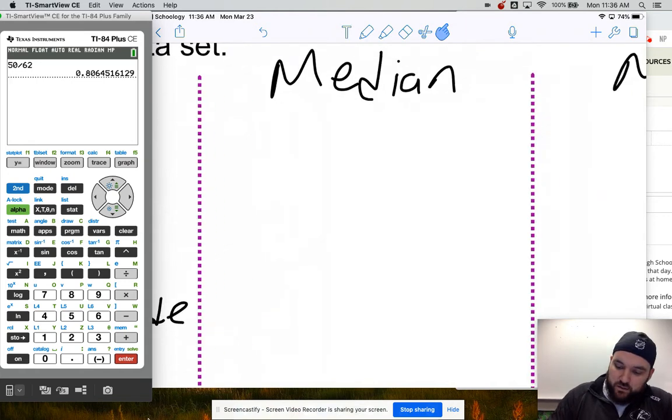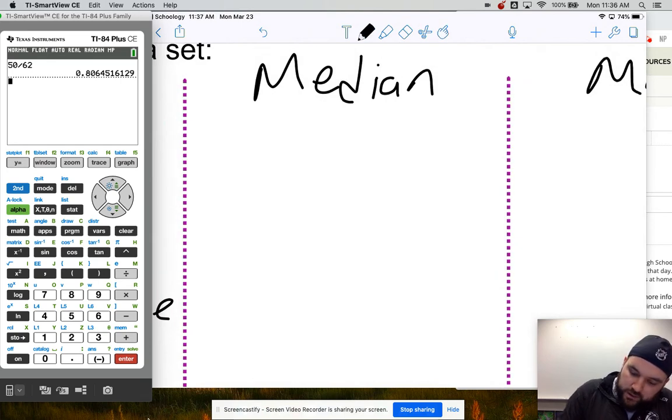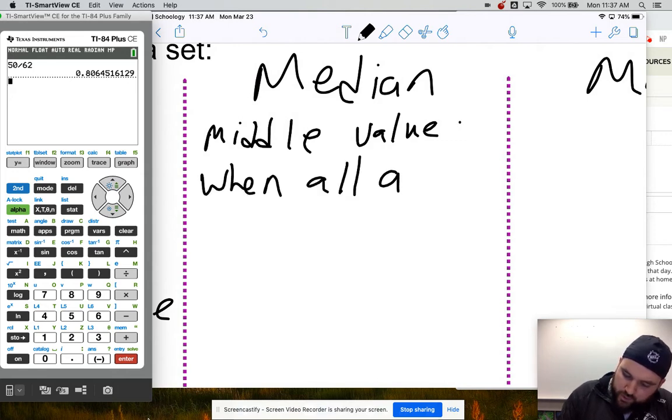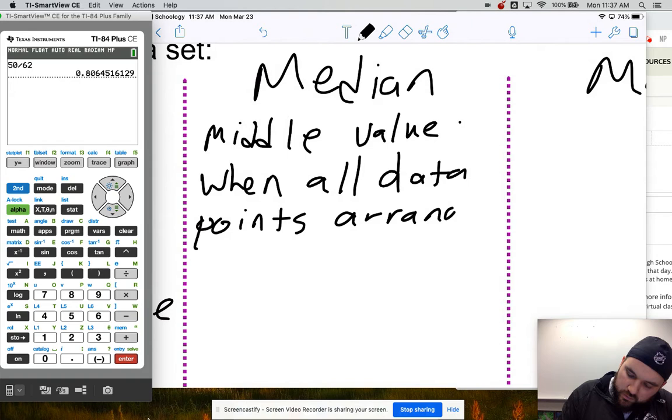The median is simply the middle value when all data points are arranged lowest to highest.